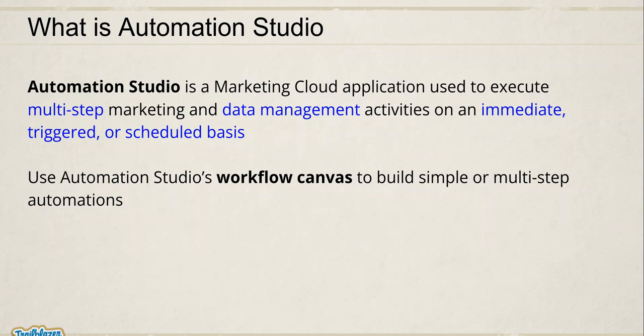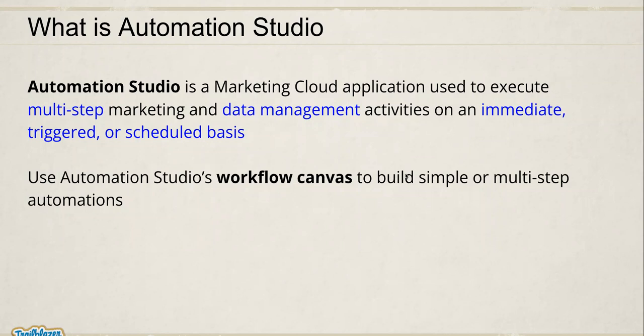And when do we use Automation Studio? We use Automation Studio when we want to automate some process, and that process could be a multi-step marketing or data management process.